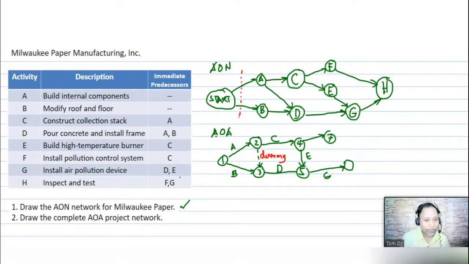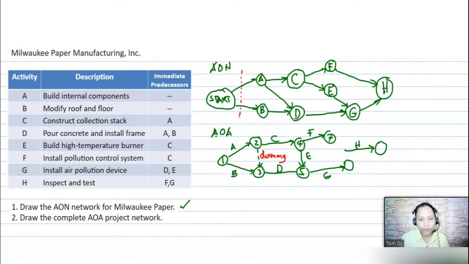After that, for F and G, we have H. So this time we have to connect, with only one arrow for H. Then we have our end point.